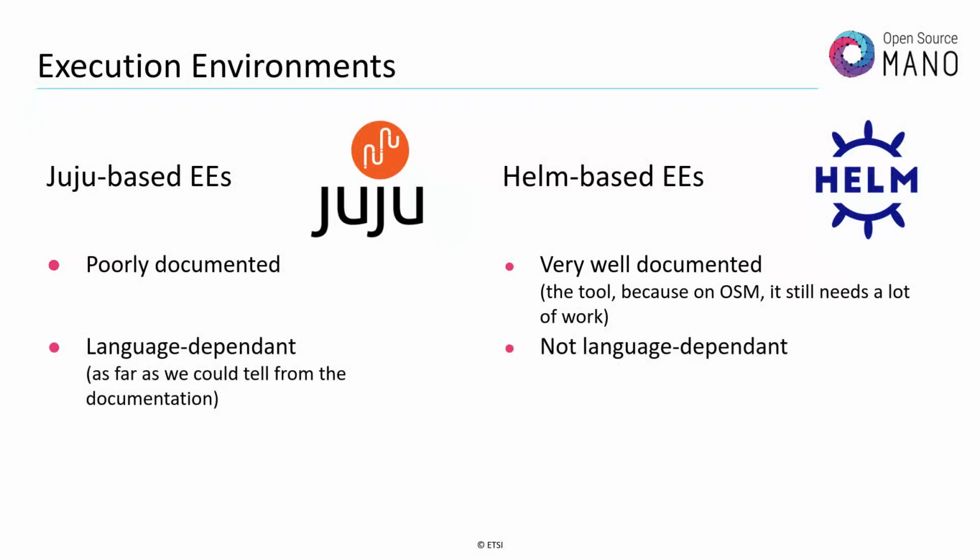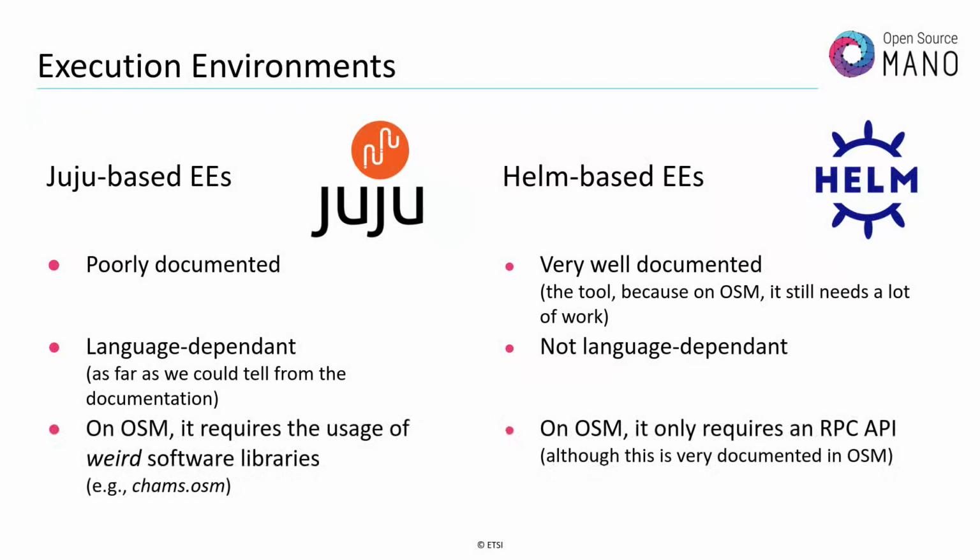Then, as far as we can understand, Juju is language dependent, so we can only use Python to write Juju charms, while on Helm we could use probably any language, as long as we can create a container which packages a program that we have created in some specific language.